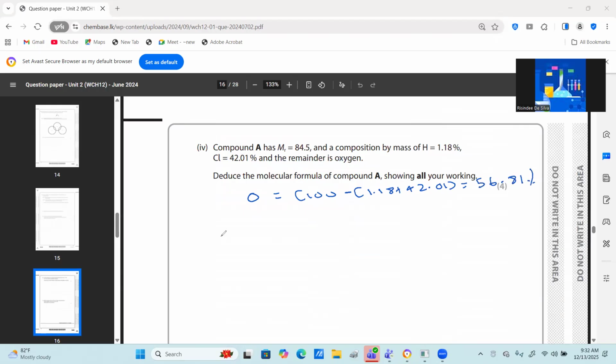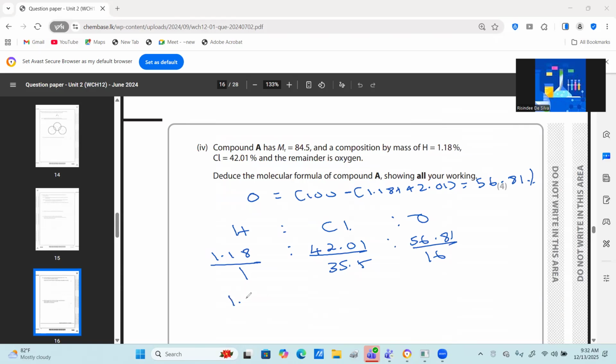56.81. Then we can work out the empirical formula. H is there, Cl and oxygen. For hydrogen 1.18, 42.01 and 56.81. Divide by 1, divide by 35.5 and divide by 16.